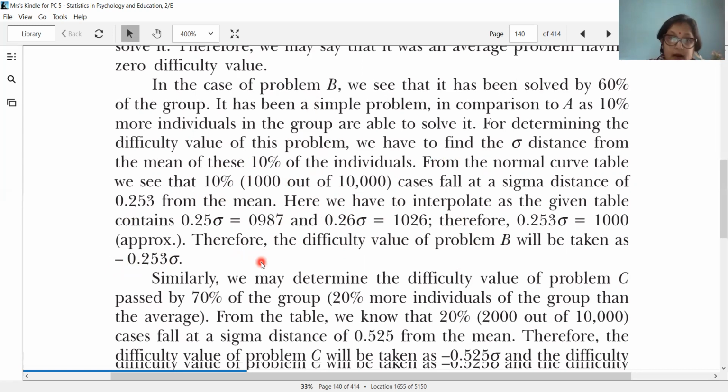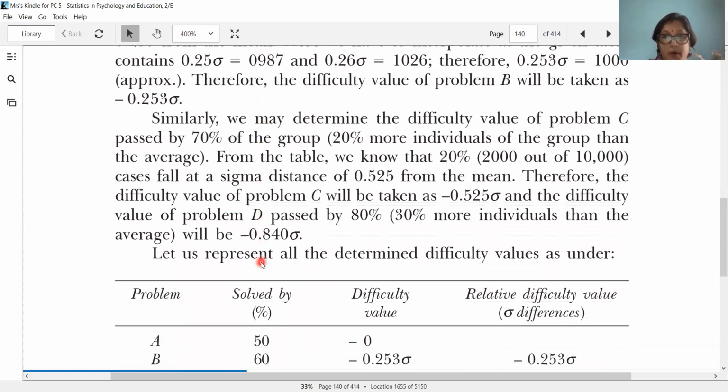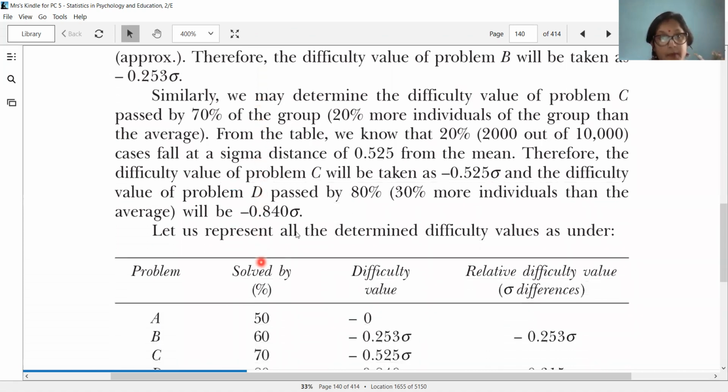So similarly, we can determine the difficulty value for problems C and D. Problem C is solved by 70% of the group. It means 20% more individuals are able to solve problem C. So here we need to find the sigma distance for 20% or 2,000 out of 10,000 cases.